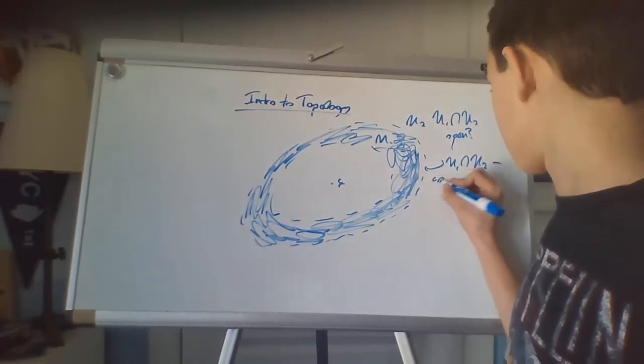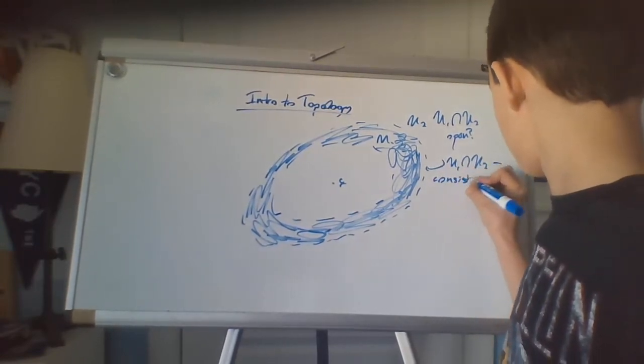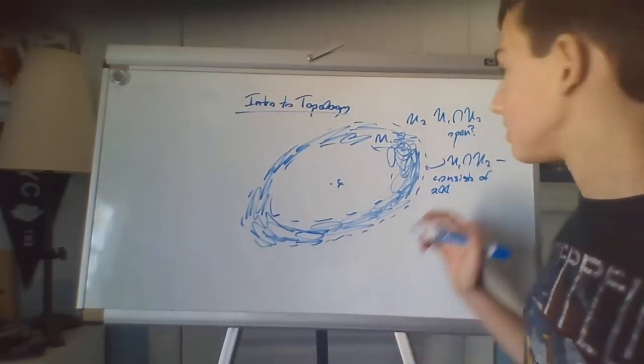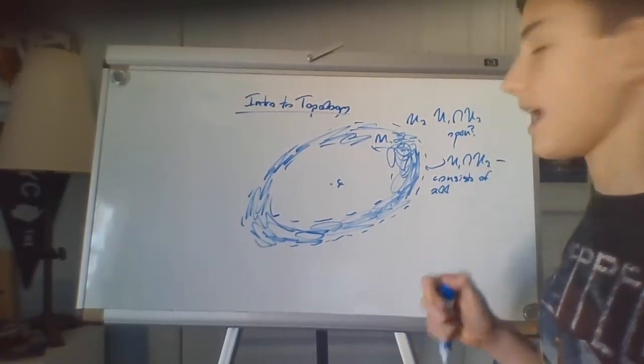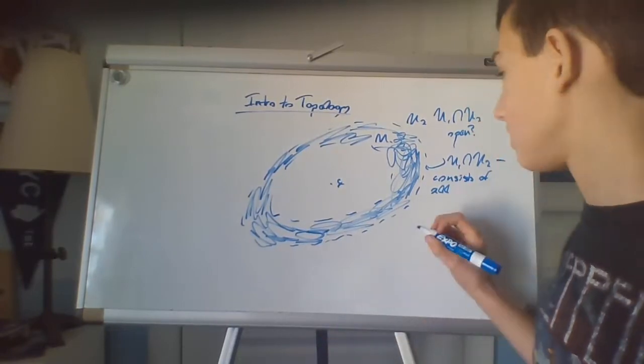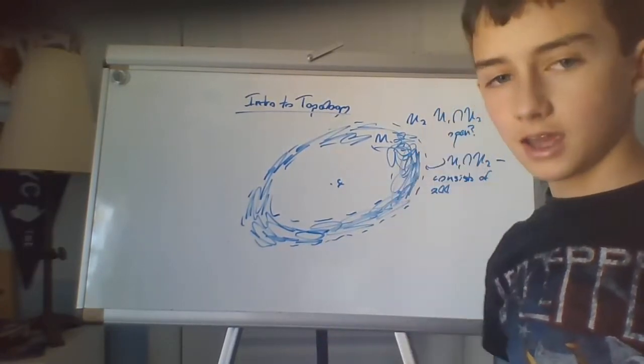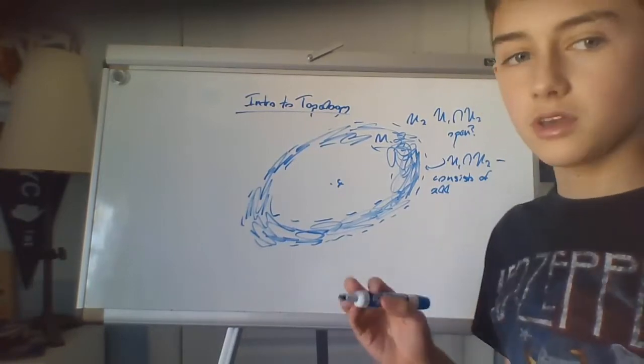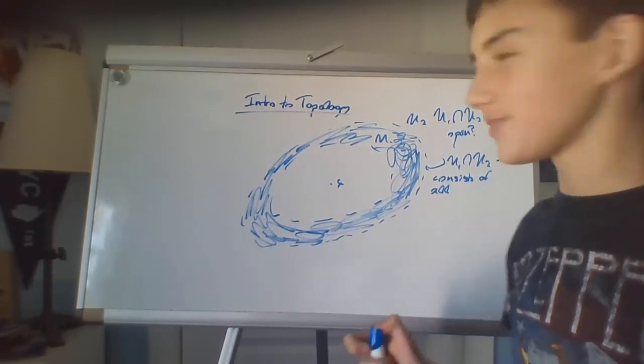What does this consist of? Fundamentally, what's in U1 and U2? What's in U1 is all the values that are sufficiently close to X according to U1, and similarly for U2.